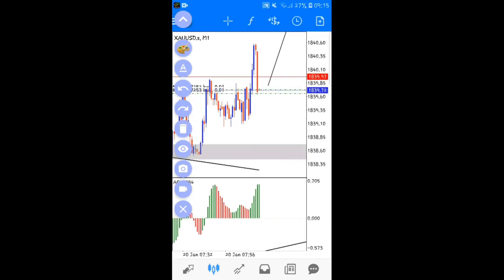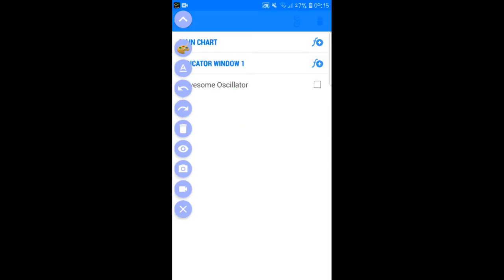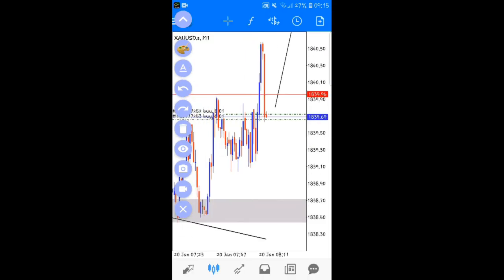We can see that there's a dominant break here. What is a dominant break? Let me first of all remove this. A dominant break is when 3 maybe bullish candlesticks engulf a bearish candlestick, or when 3 bearish candlesticks engulf a bullish candlestick.